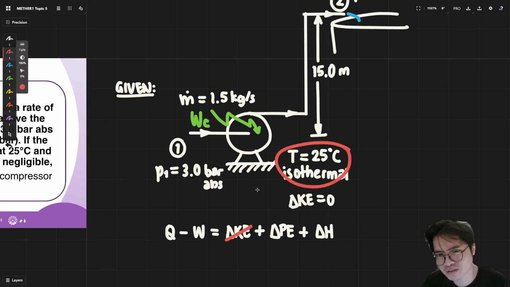If your T remains at 25 degrees Celsius, what is happening? What is going to happen in here? If we think about it this way, this is a pump that is supplying liquid.